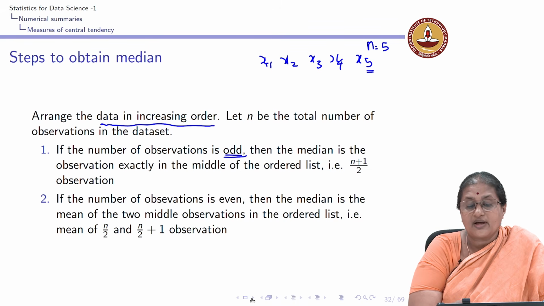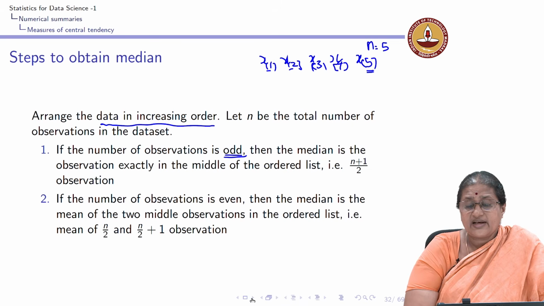So, for ordered data, let me introduce a notation: x1, x2, x3, x4 and x5. x1 is the first data, x2 is the second, x3, and so on; this is my ordered data.